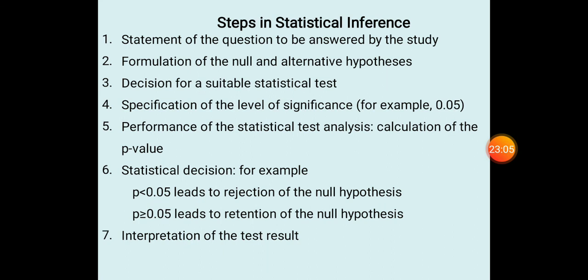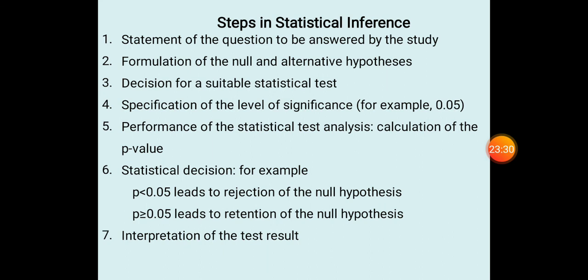The probability of rejecting H0 when H0 is true is what we call alpha. You need to fix that alpha first, and of course beta also. Actually we fix it as 1 minus beta, which is the power of a test.